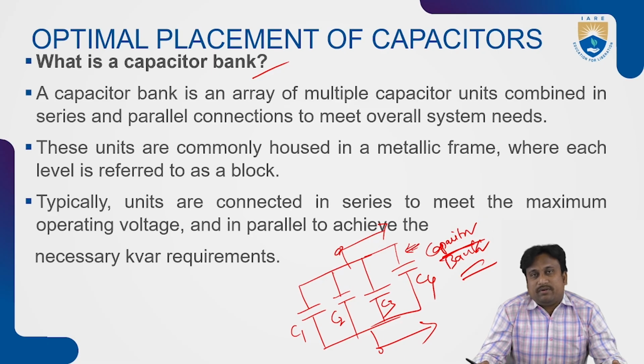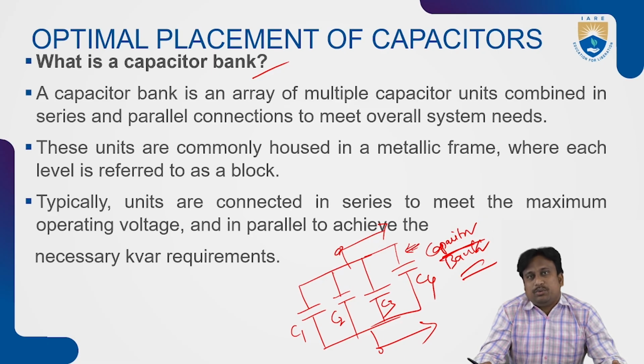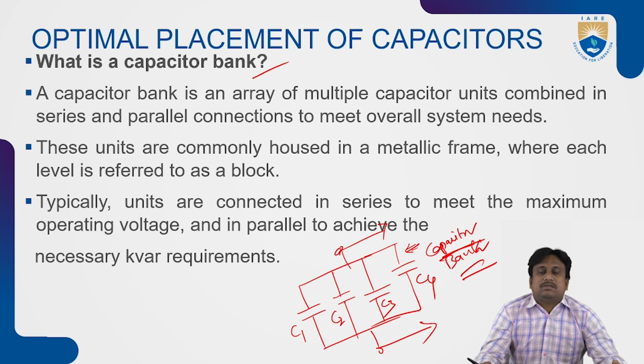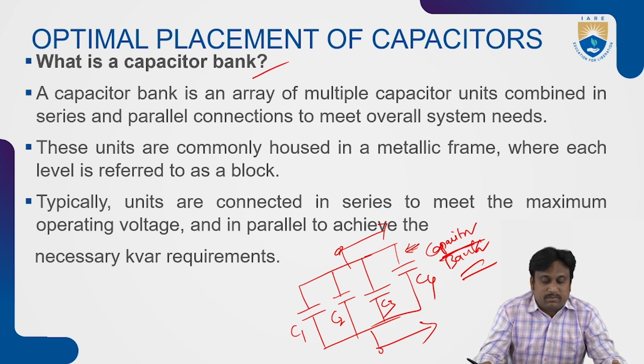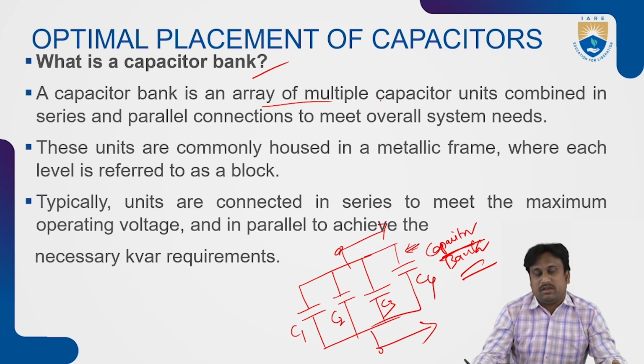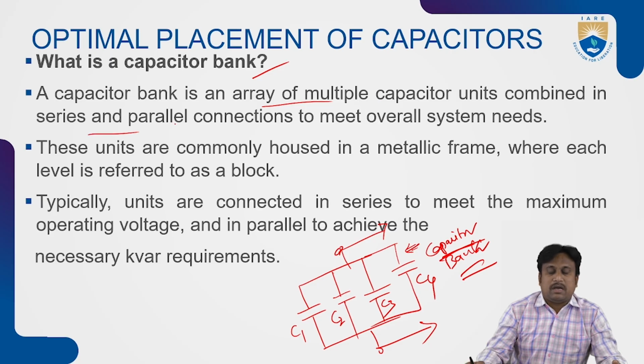A couple of small capacitors connected together in parallel, or a multiple capacitor combination, is treated as a capacitor bank. So a capacitor bank is an array of multiple capacitor units. They are combined in series and also in parallel to meet the overall system needs.